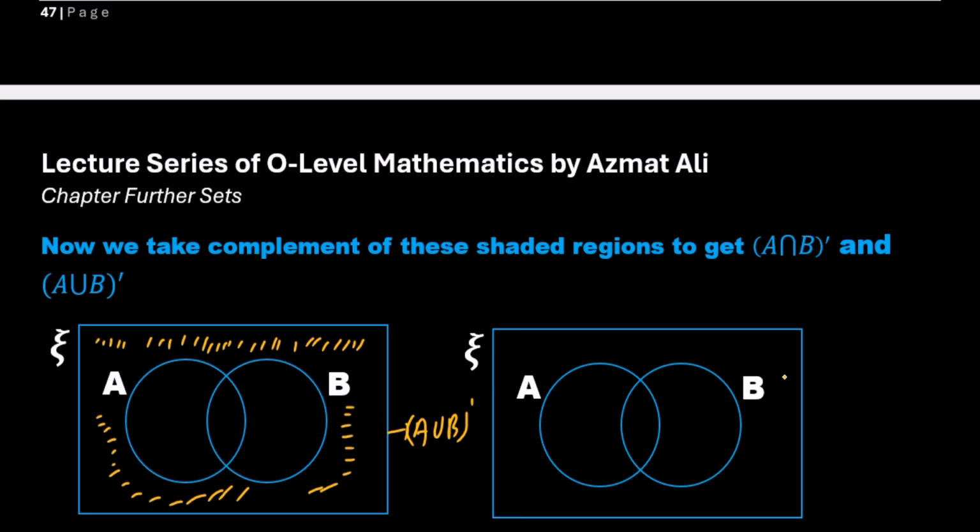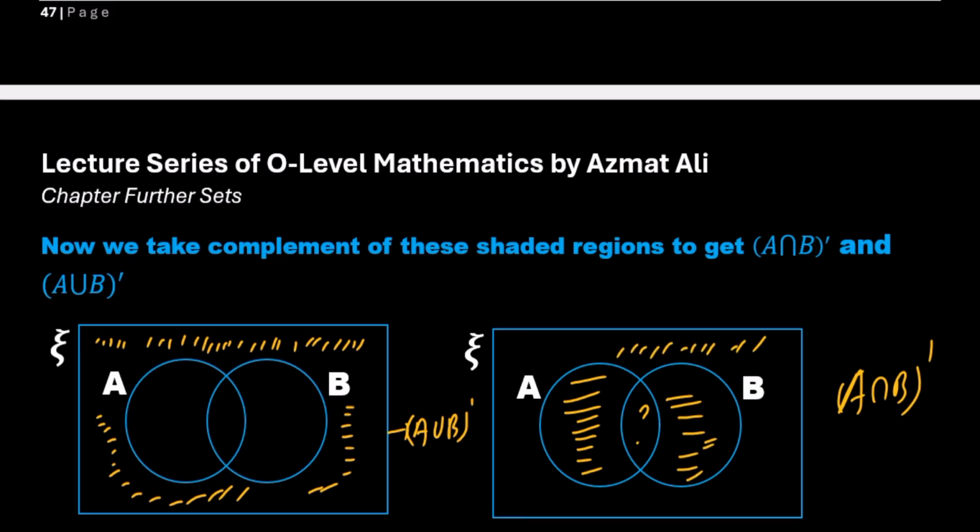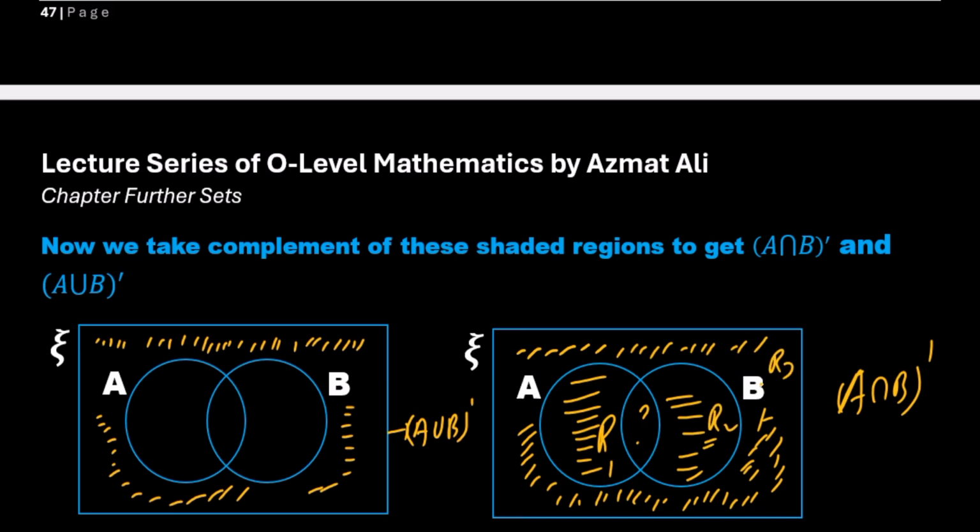And what is A intersection B complement? The area other than this intersecting part, that consists of this part of A, this part of B, and the part inside the rectangle. So this Venn diagram consists of the three disjoint regions R1, R2, and this R3. So this figure represents A intersection B complement.